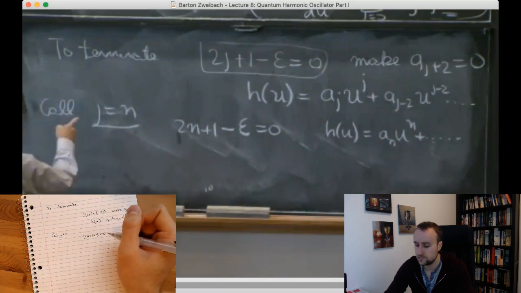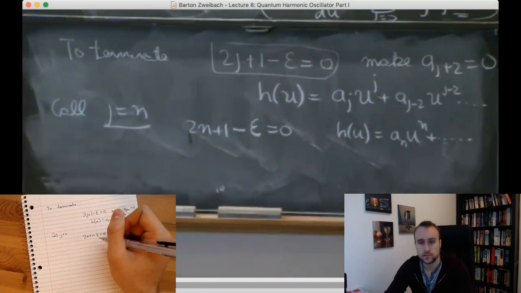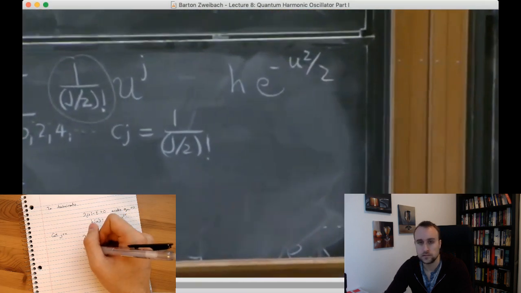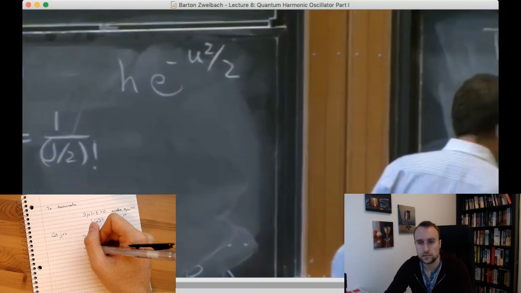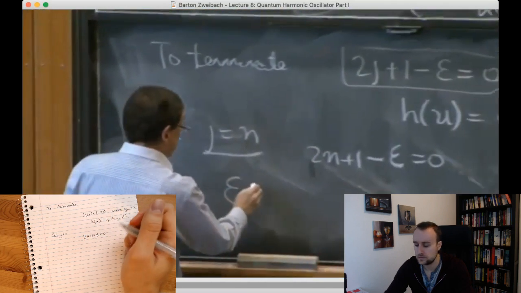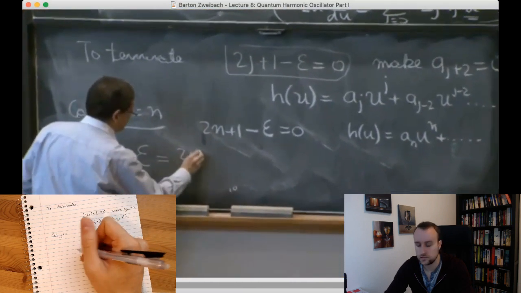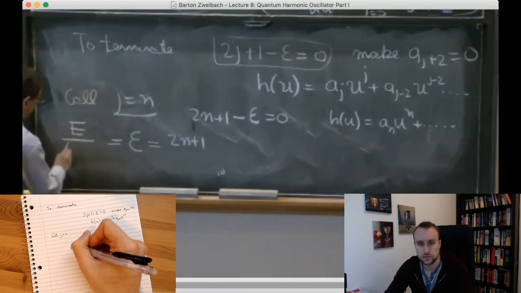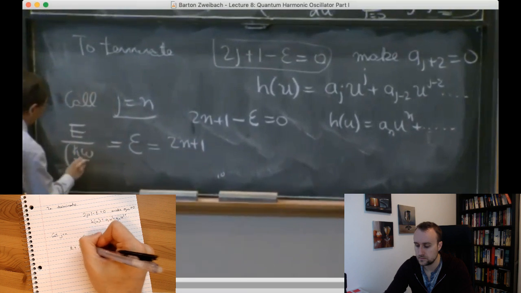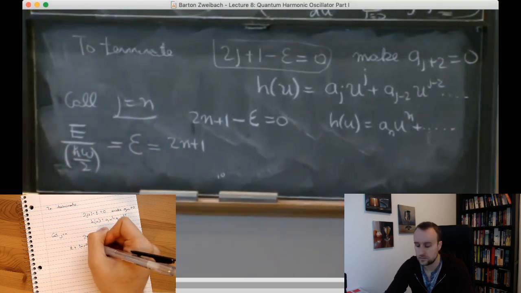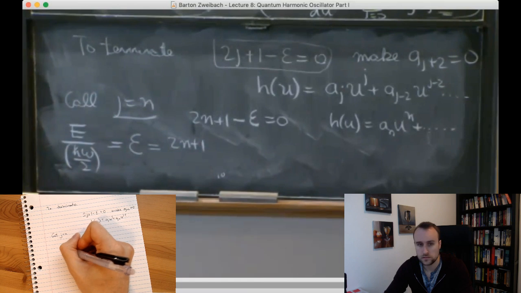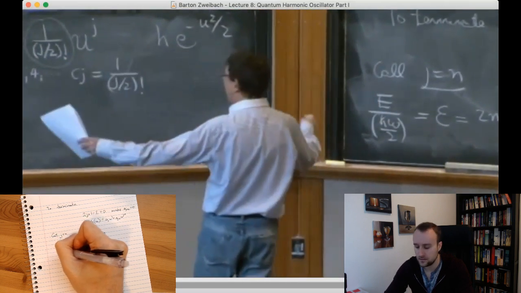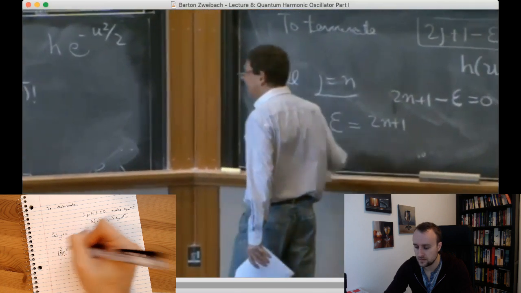The full solution is h times e to the minus u squared over 2, as we will see. But recall what e was. E here is 2n plus 1. But E was the true energy divided by h bar omega over 2. That was long ago. It's long gone.